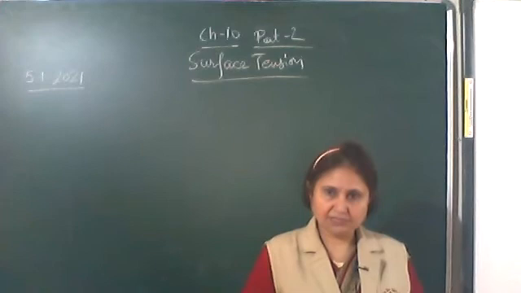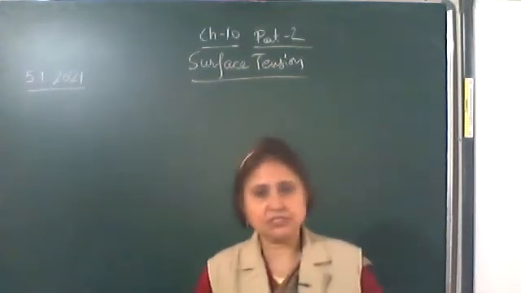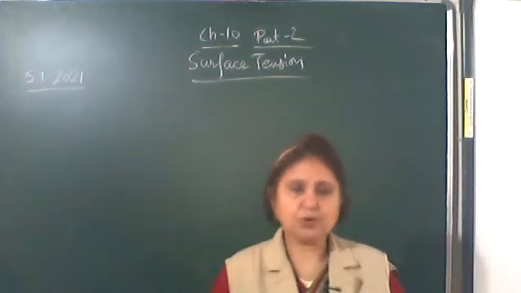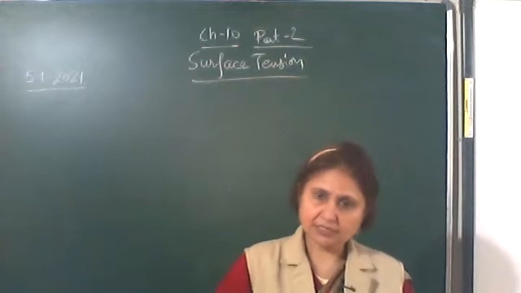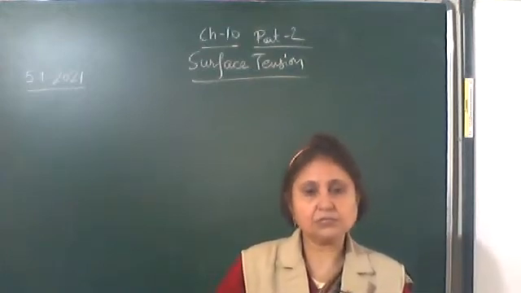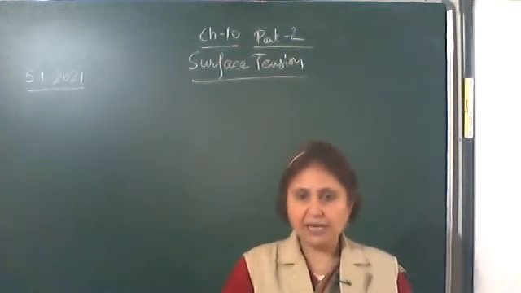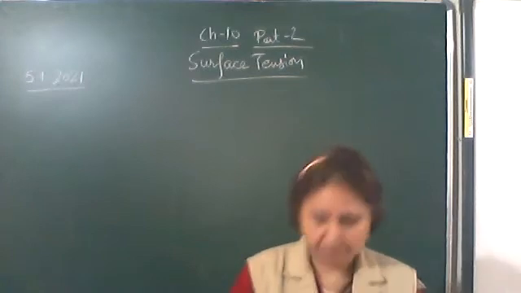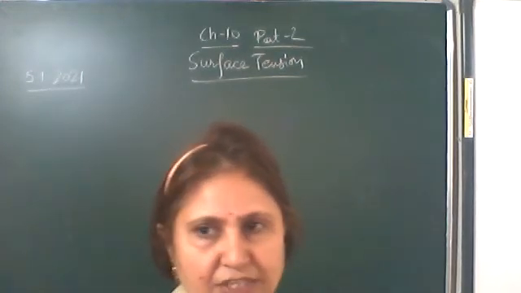It behaves as if there is some stretched membrane over the free surface of the liquid which is at rest. This property of the liquid we call the surface tension. That is, the free surface of the liquid is also tensed. Why is it tensed? Because it is trying to attain a minimum surface area and behaving as if there is some stretched membrane over it. And this property we call surface tension.